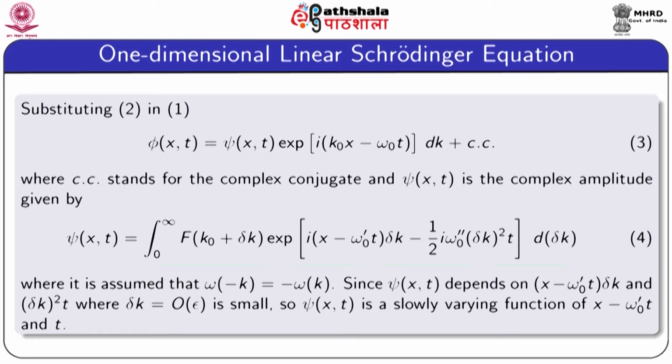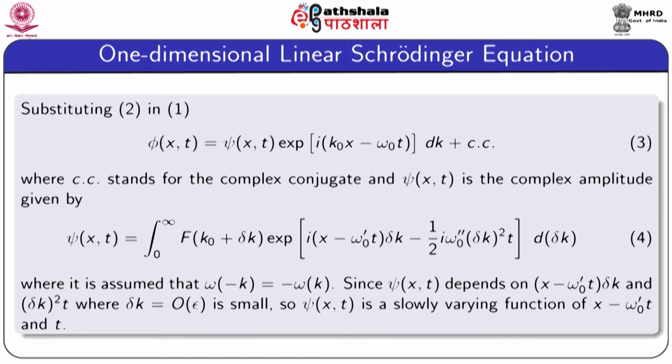Here we have taken the terms up to order delta k square, and in this relation we also assume that omega is an odd function of k, that means omega at minus k equals minus of omega k.